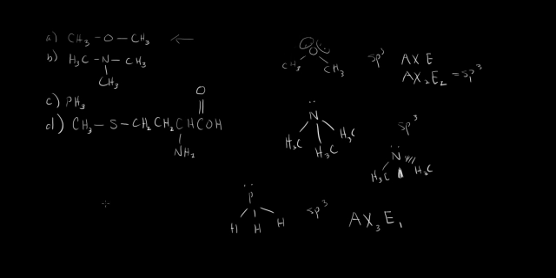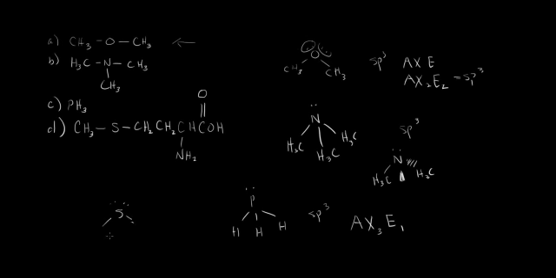Okay, last guy right here. I'm not going to draw this entire thing out because there's no need to. But they want us to go with sulfur. That's our central atom. Sulfur is in group 6, so 1, 2, 3, 4, 5, 6.